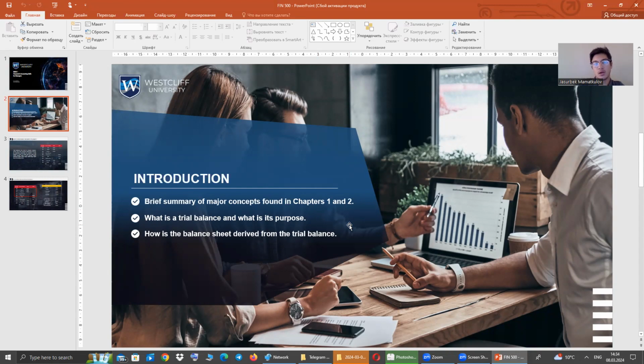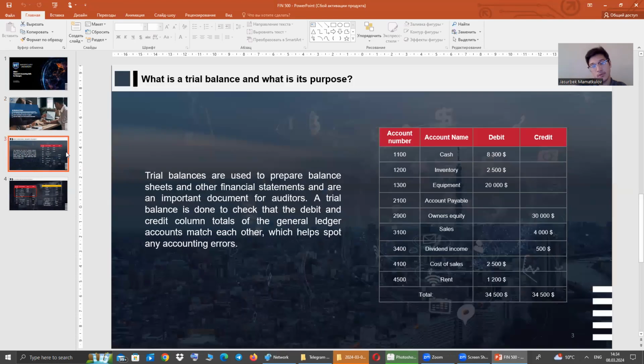But I found that approximately everything is the same as what we learned during the lessons, and of course there was some information about the trial balance and about the balance sheet as well. So I will start from the trial balance.